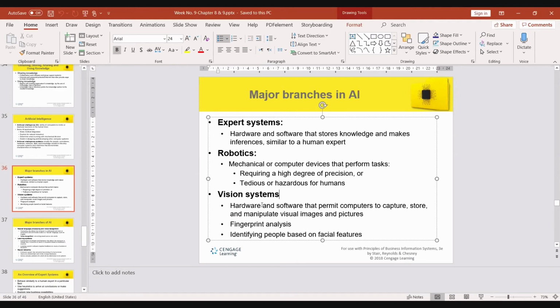So vision system, hardware and software that permit computers to capture, store, and manipulate visual images and pictures. Fingerprint analysis, identifying people based on facial features. In aircraft, vision systems are very famous.